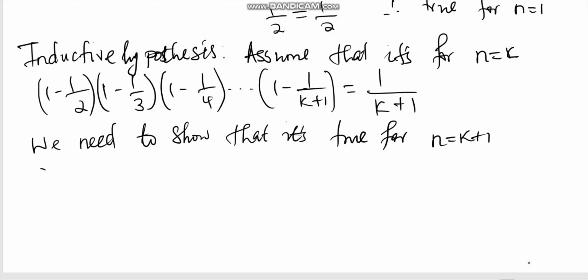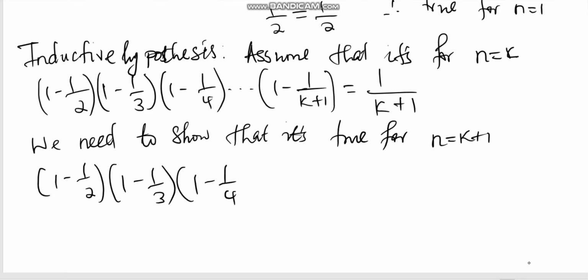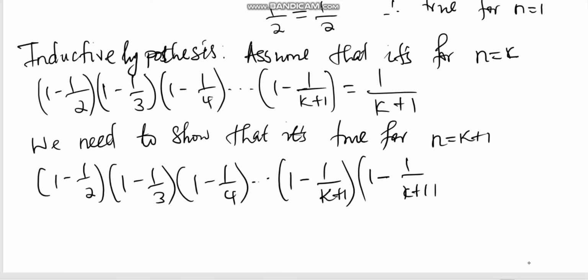So we have 1 minus 1 over 2, 1 minus 1 over 3, 1 minus 1 over 4, and we have 1 minus 1 over k plus 1, then 1 minus 1 over k plus 2, being equal to 1 over k plus 2 like this here.